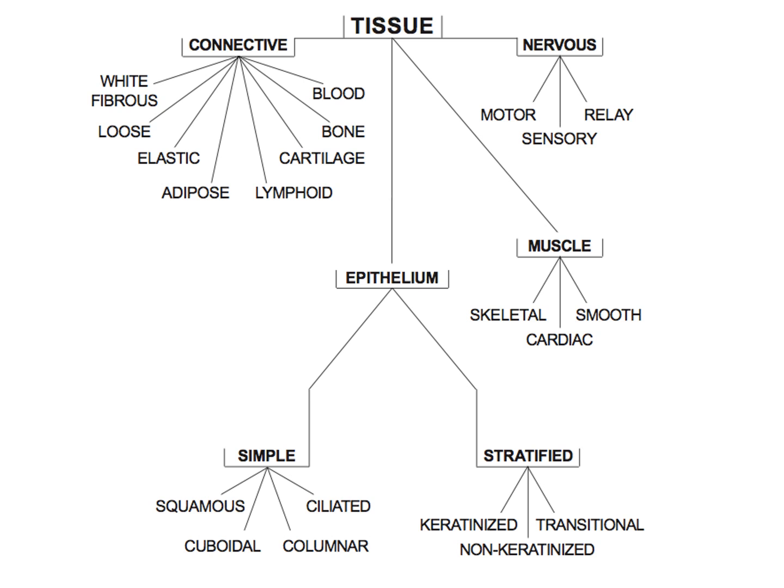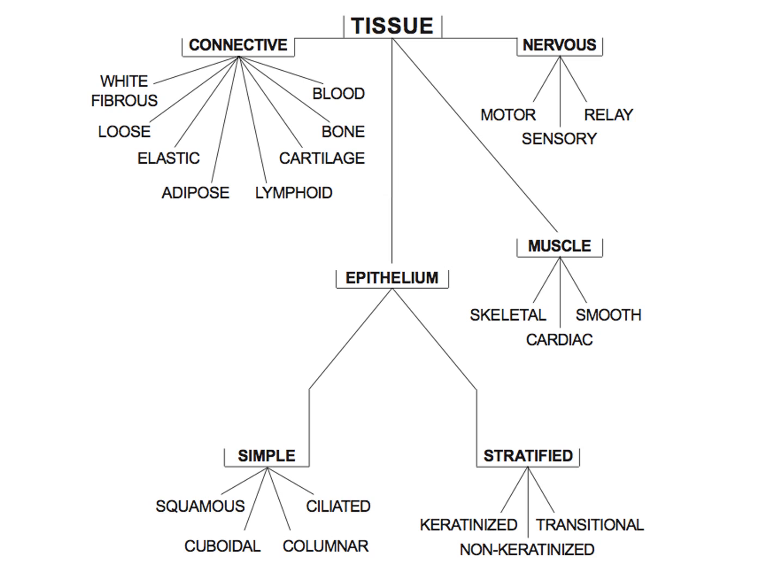Now this mind map is showing the classification of tissues. So we can see that the main types of tissue are connective, epithelium, muscle, and nervous tissue.